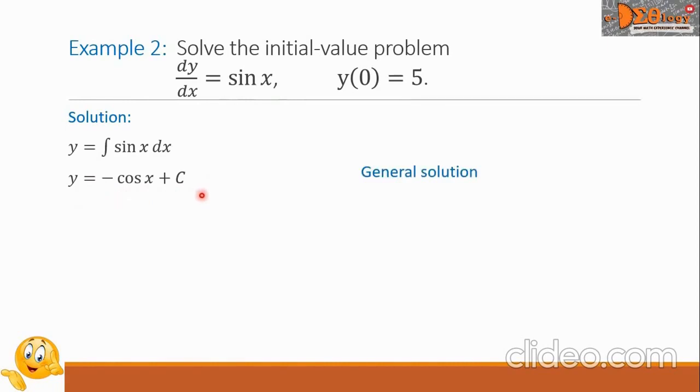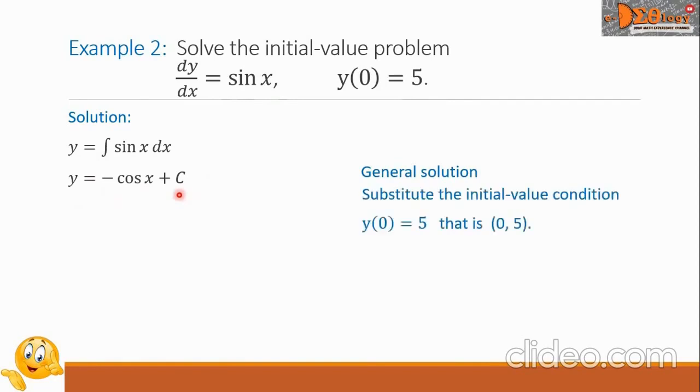Next step is to find the value of c. Let us substitute the initial value condition. This y of 0 equals 5, which means the point is 0, 5. The x value is 0, while the y value is 5. Let us substitute now in this equation here.